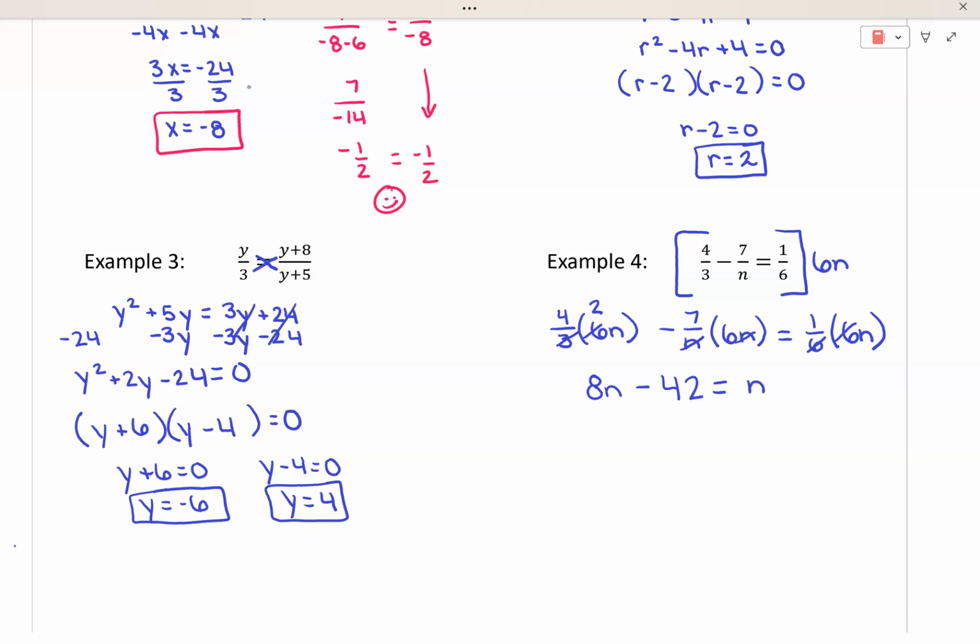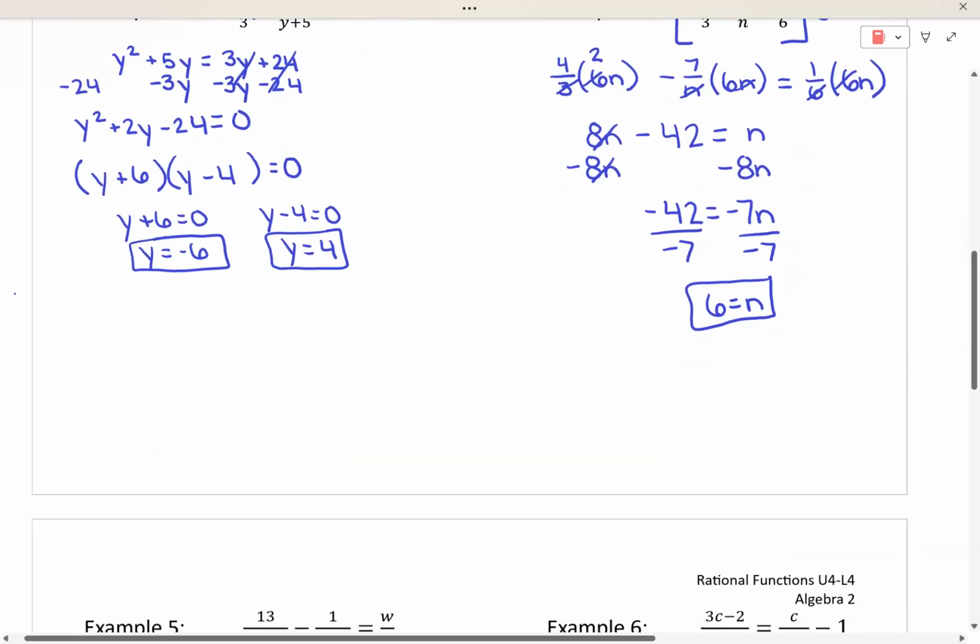And notice we made it have no fractions now. So yay. So I'm going to subtract that 8n. So negative 42 equals 1 minus 8, so that will be a negative 7n. Divide by the negative 7, which gives us n equals 6. And if you were to check that, it works.